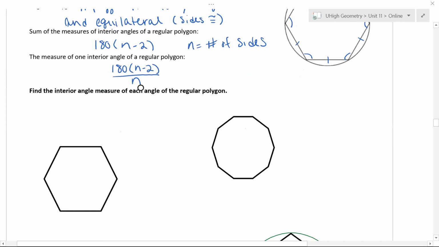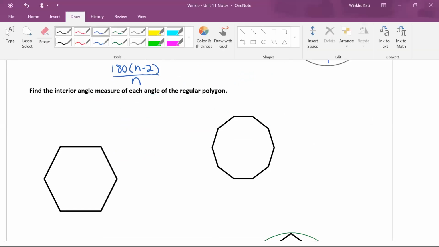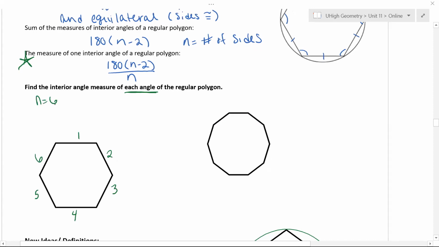Since I'm looking at the measure of each angle, I want to use this second equation here. For the one on the left, let's count the number of sides: 1, 2, 3, 4, 5, 6. So my number of sides equals 6.